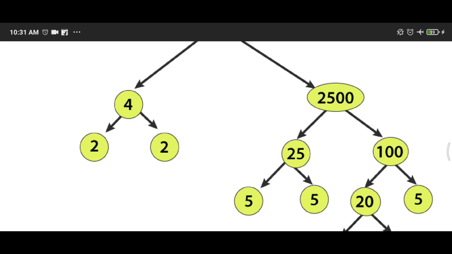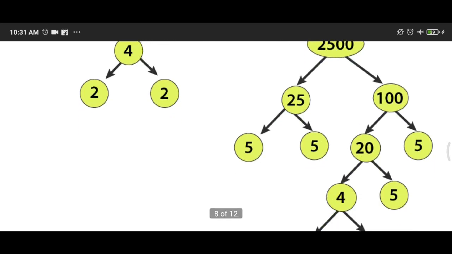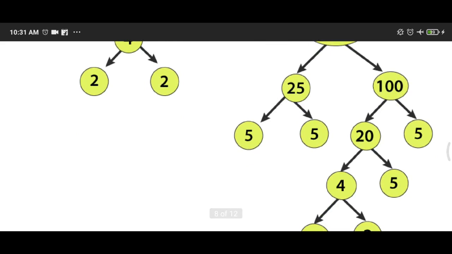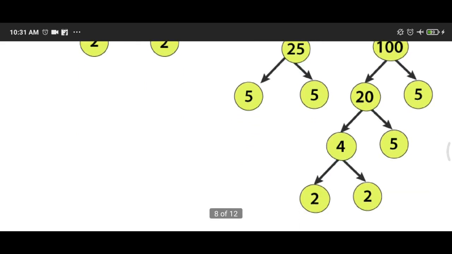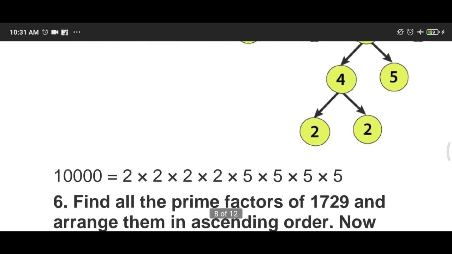Then 25 we can write as 5 fives, and 100 we can write as 25 fours. Then 4 fives, and 4 we can write as 2 multiply 2. So the factors are here 2 multiply 2.